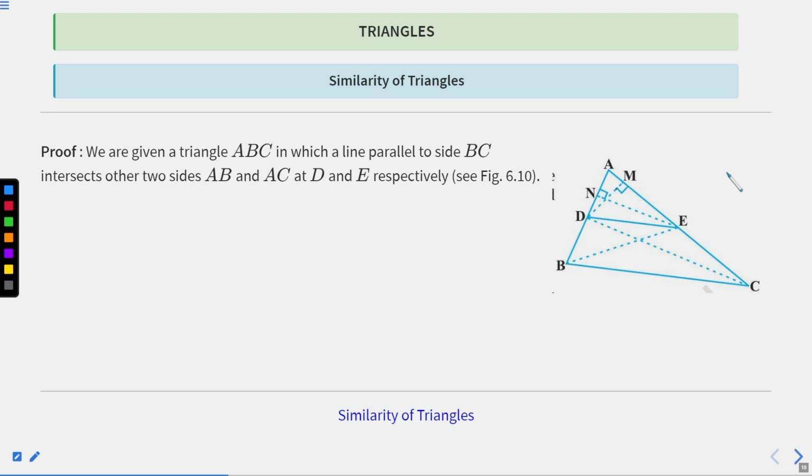We are given this triangle ABC, in which a line is drawn parallel to side BC, intersecting the other two sides AB and AC at points D and E respectively. You can observe this figure.